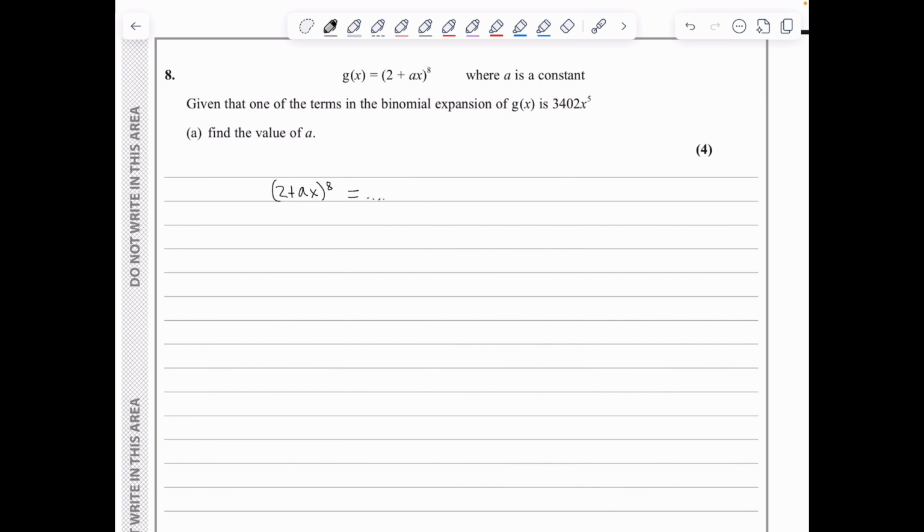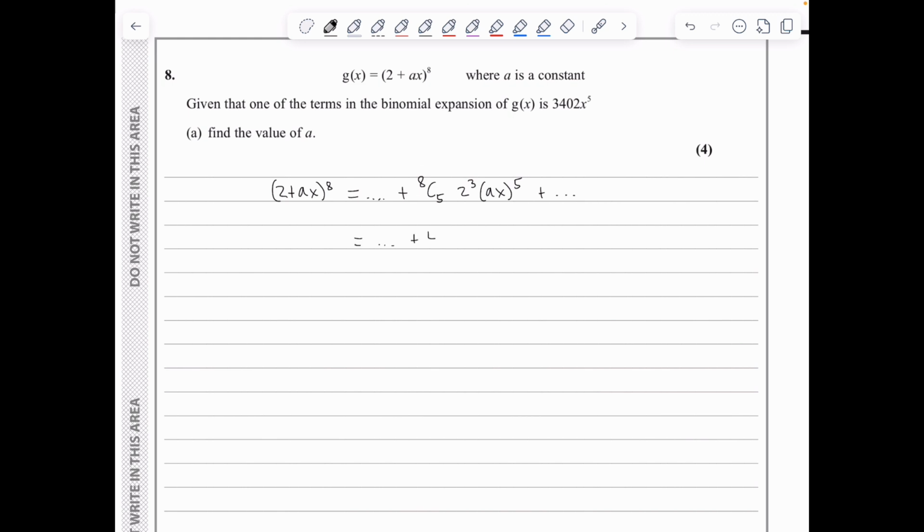So we've got ... plus 8 choose 5. And we've got 2 raised to the power of 3, and then (ax) raised to the power of 5. Now remember that the sum of the two powers is always giving me the original power. So plus ... and I will proceed in simplifying this.